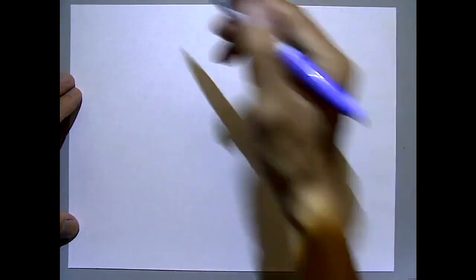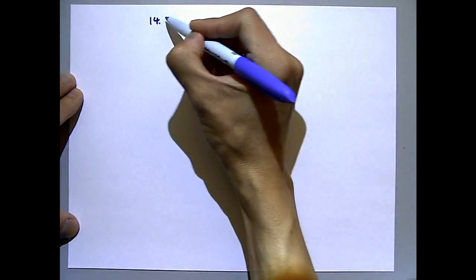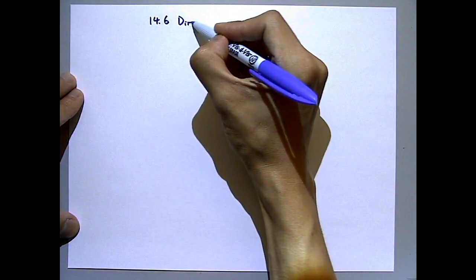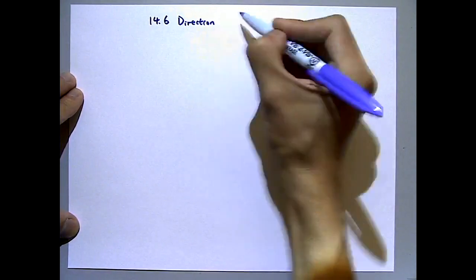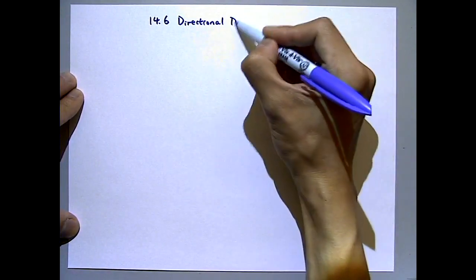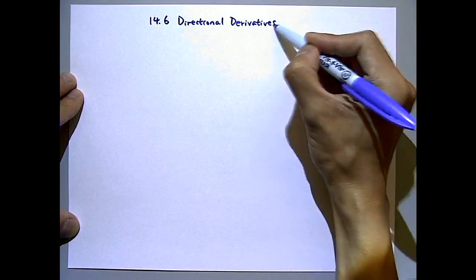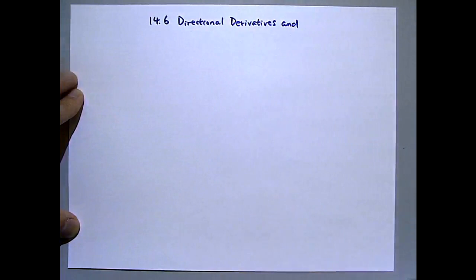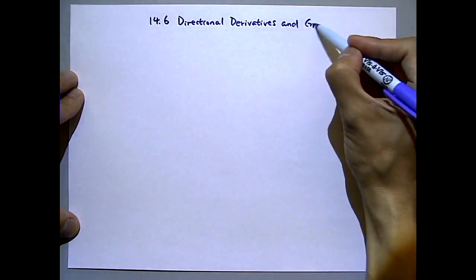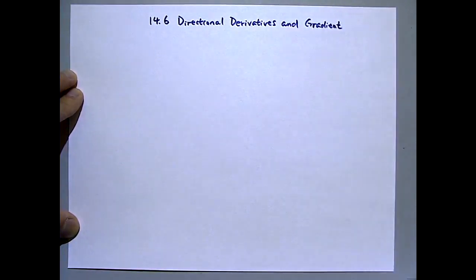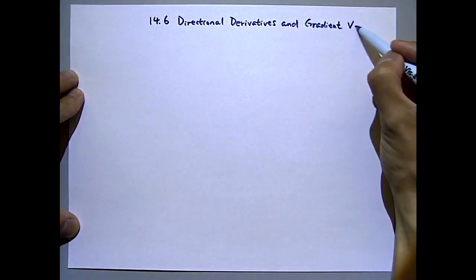Okay, then we're going to start a new section, 14.6. In 14.6, we're going to look at something called a directional derivative. And something that's going to play a very dominant role later on, the gradient vector.